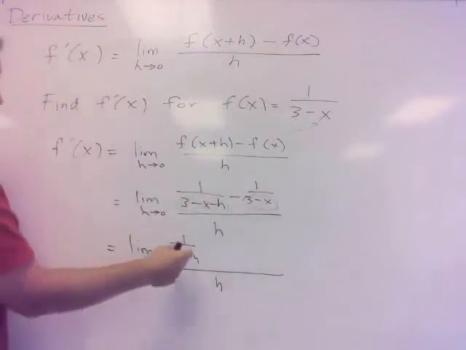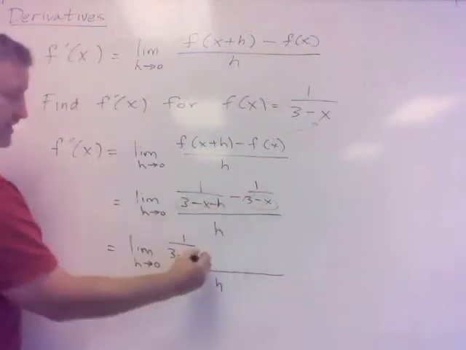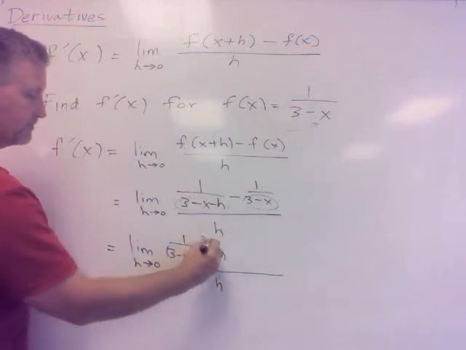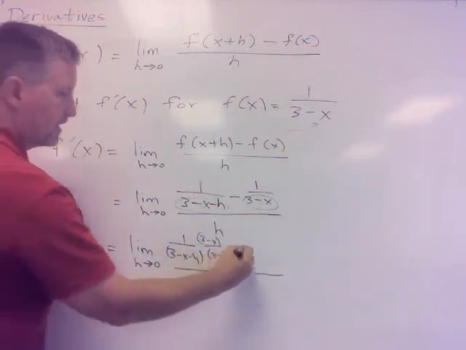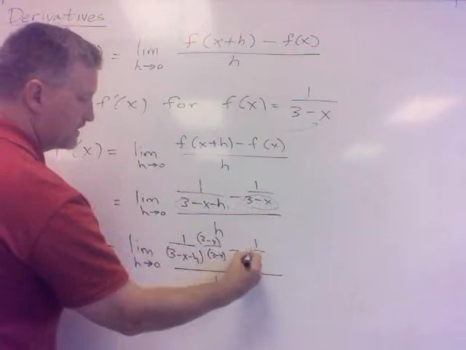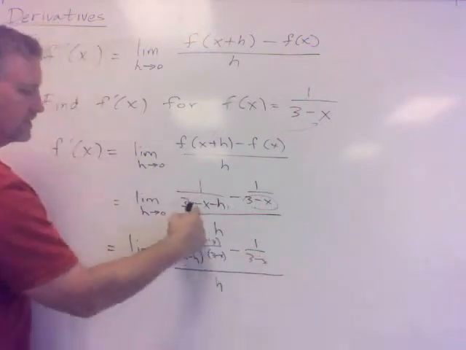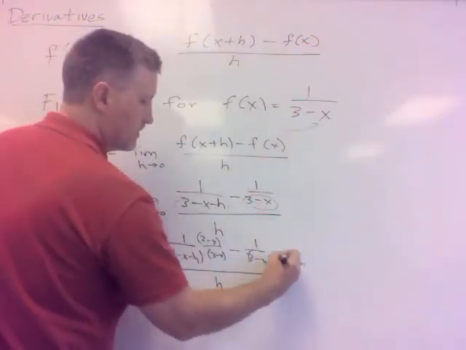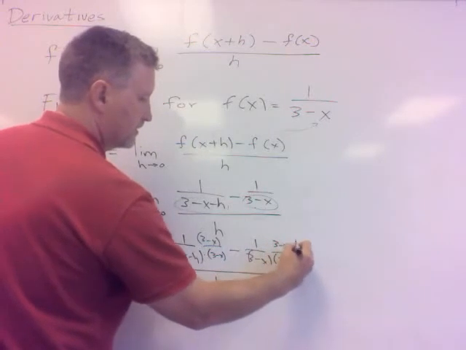So I need to multiply this one by 3 minus x on bottom, so I have to do that on the top. And then this one, it's got 3 minus x, so I need to multiply it by the 3 minus x minus h. And that way I'll have a common denominator there on top.